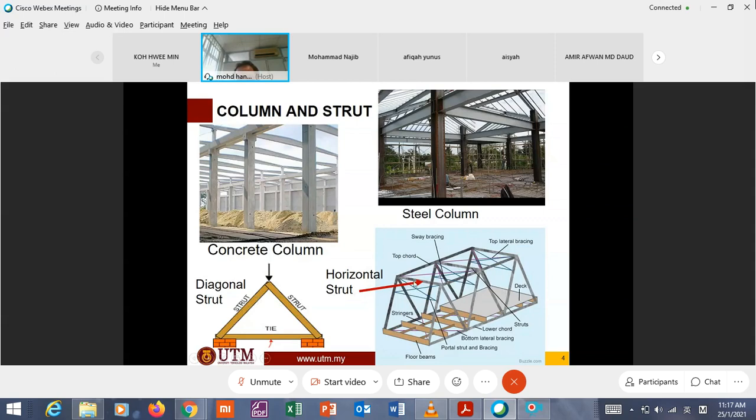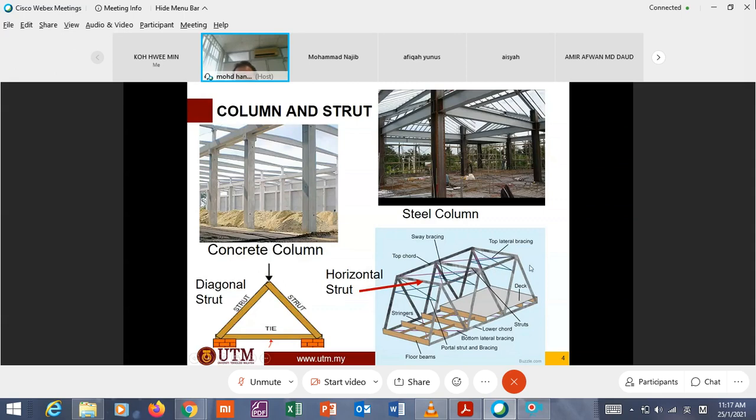This is another information. This is still a bridge truss. But you see here, this is the horizontal member. For the horizontal member, the force in this horizontal member is zero.